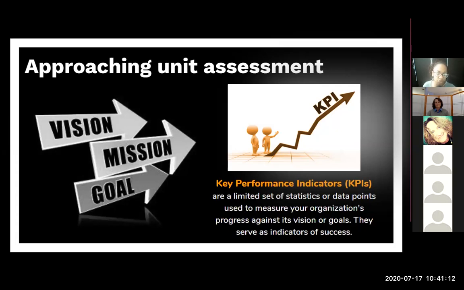From there, you want to figure out if your mission and or vision are a good representation of what your unit currently does, and maybe make some minor changes if necessary, but don't get stuck here. And getting stuck in this area right here is very common.